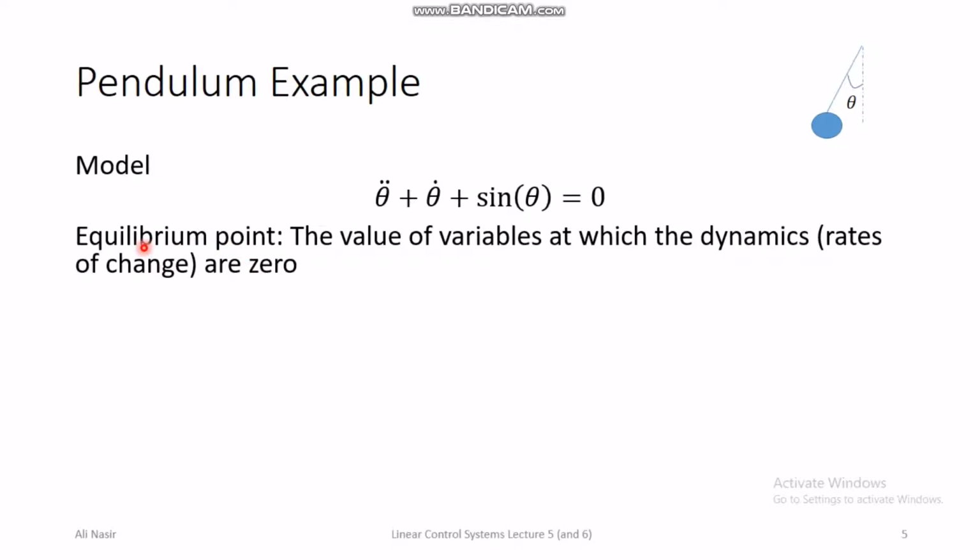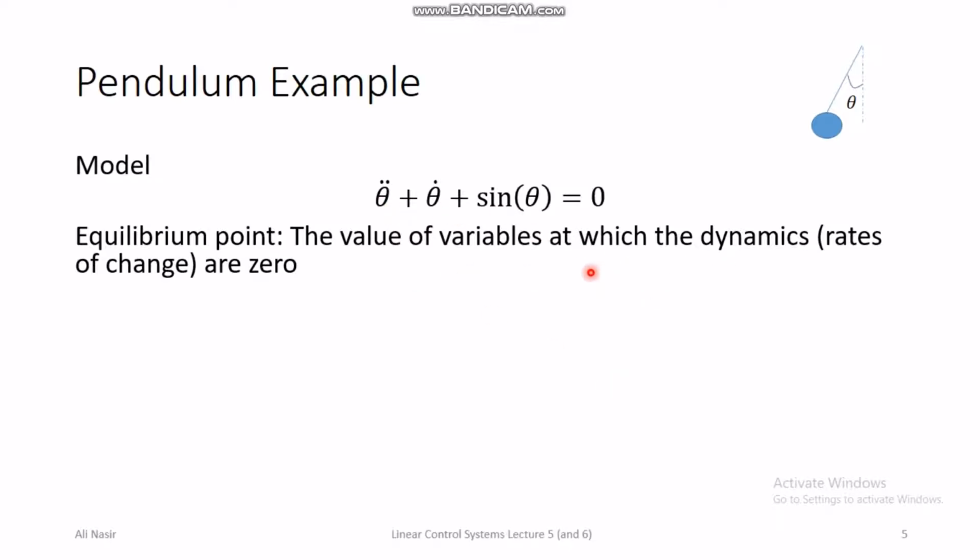Because the equilibrium point is a special point at which all the dynamics of the system are zero. Zero dynamics make the equilibrium point special, because if the initial condition of the system is at the equilibrium point, then the system will stay forever at that point, because the rate of change of the variables in the system is zero at the equilibrium point.